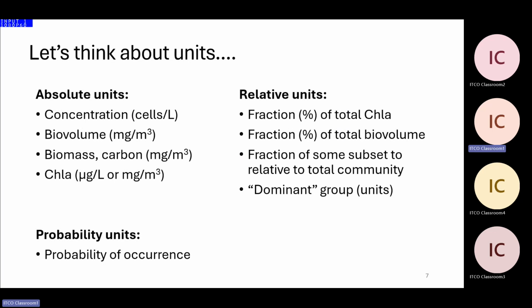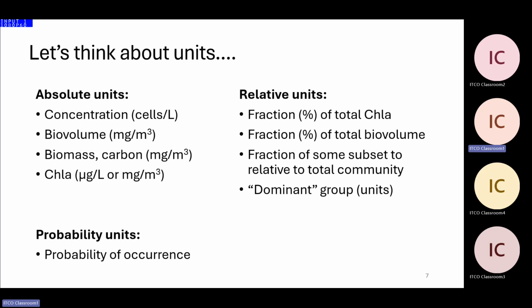Say we've taken a bucket of water and measured the chlorophyll concentration in that bucket. Then we want to say, how much of that chlorophyll was due to diatoms and how much was due to dinoflagellates. So we often carve up and report our classifications in terms of the proportion of total chlorophyll. That's a common way to do it.